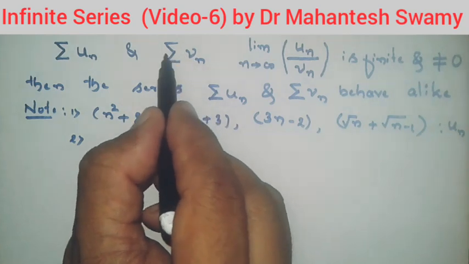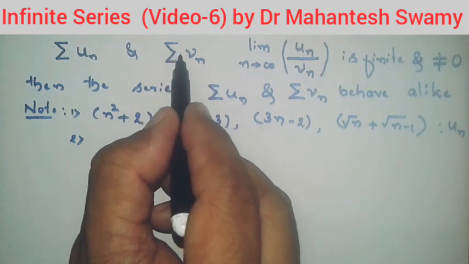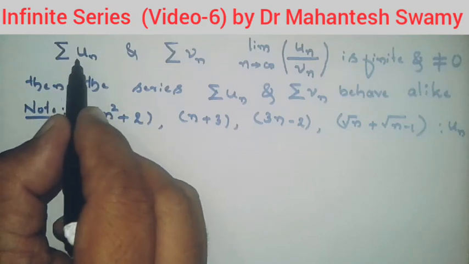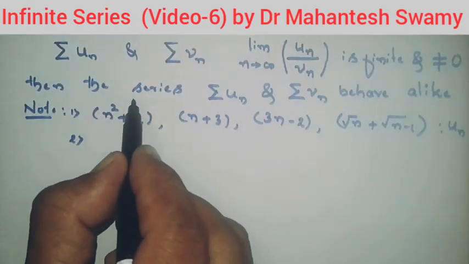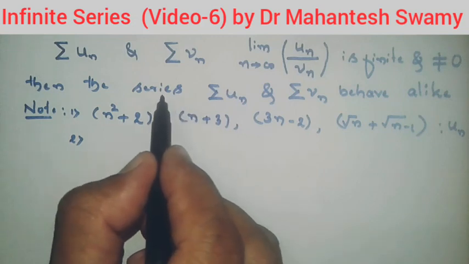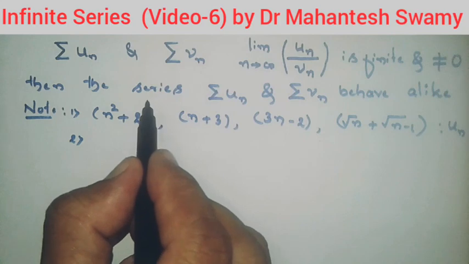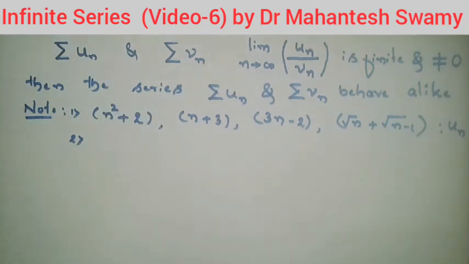By doing so, we can determine the nature of the given series summation un by applying this comparison test in the limit form. So this is the principle of the comparison test. Now let us solve the examples.